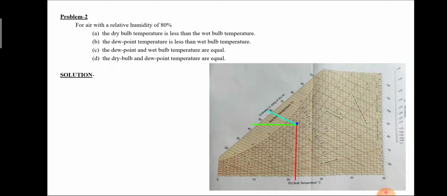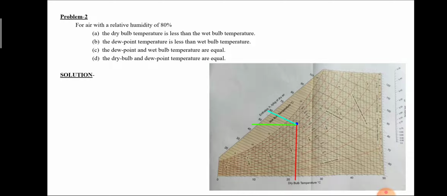If you join the line, you can see here in sky blue color, then you will get your wet bulb temperature. Now if you draw a horizontal line through this point to where the relative humidity is 100%, then you will have the dew point temperature.